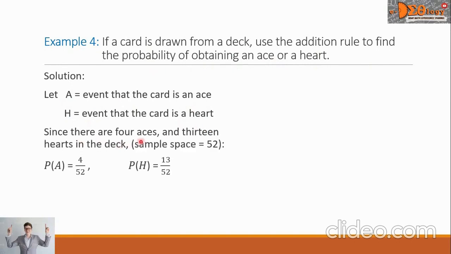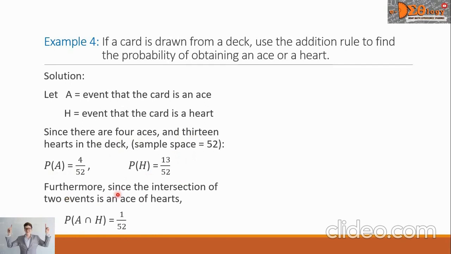Since there are 4 aces and 13 hearts in the deck, and we know that the sample space equals 52, we write here the probability of A equals 4 over 52, and the probability of H equals 13 over 52.